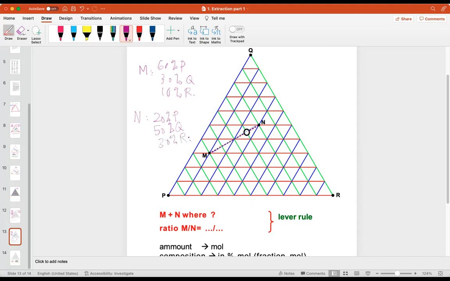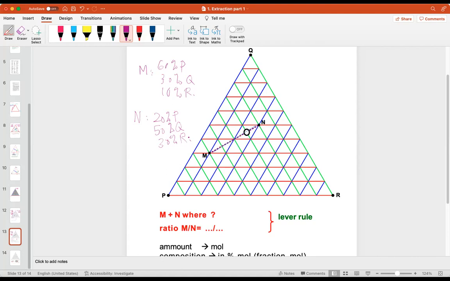Okay, now when I mix them, between the M and the N, the resulting mixture will depend on how many M and how many N. Let's say I just mix them, 1 liter of M and 1 liter of N, so the ratio is 1:1.